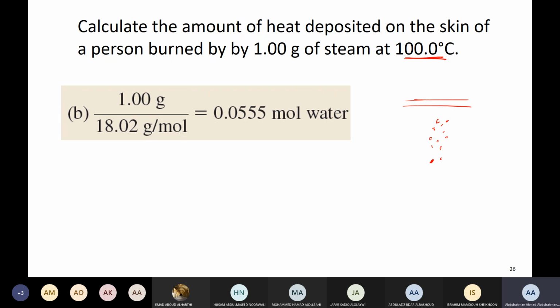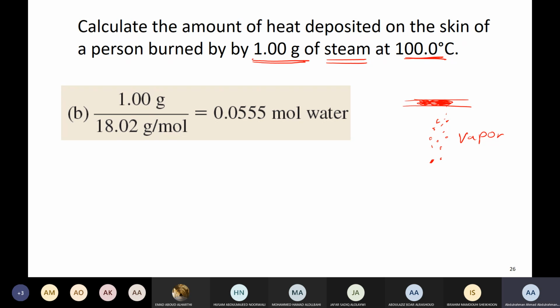The vapor is coming to the person's hand, touching my hand. If I am exposed to 1 gram of the steam, then what will be the amount of heat that I will be exposed to?